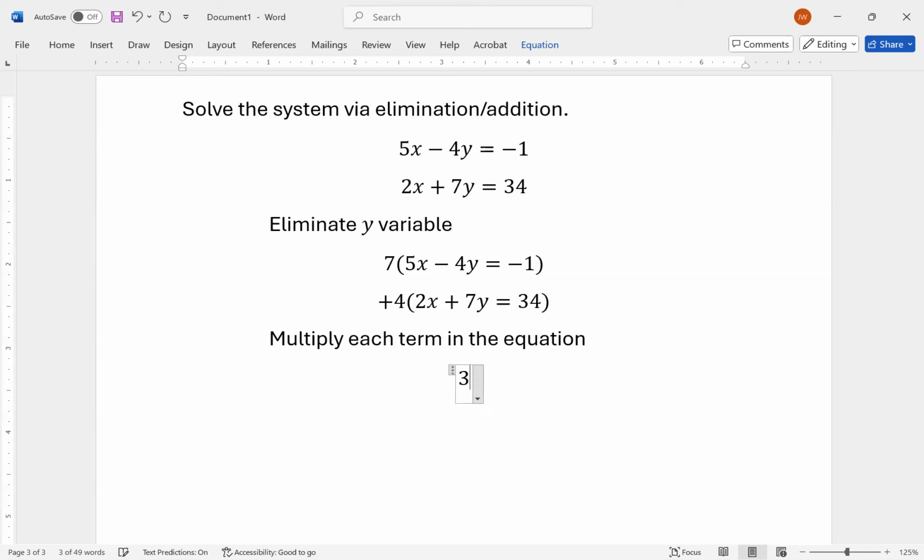It would give me 35x minus 28y is equal to -7. Don't forget to multiply the constant by the 7 as well. And then in the second equation, I get 8x plus 28y is equal to 4 times 34.